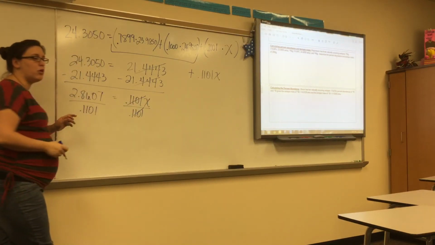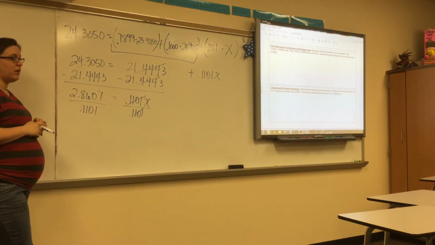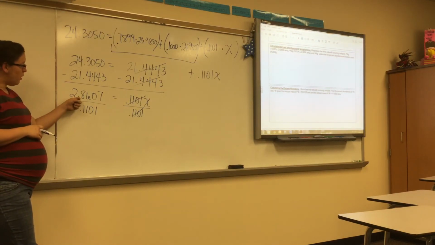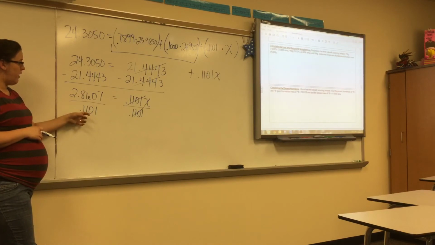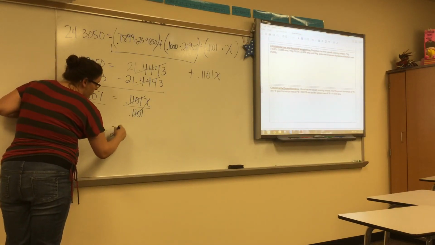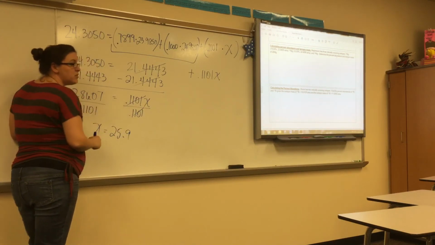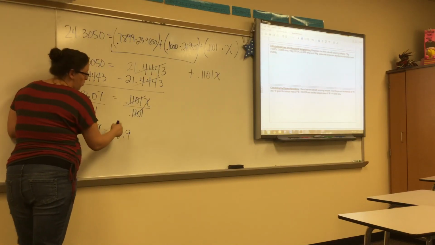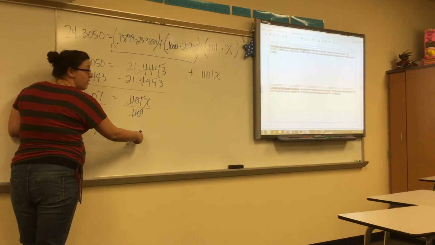So as long as you're showing your work and keeping up with decimals, it should be fine. So 2.8607 divided by 0.1101. 25.98, keep 2 decimal places. That's fine.